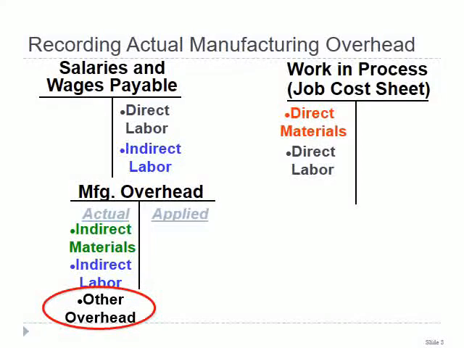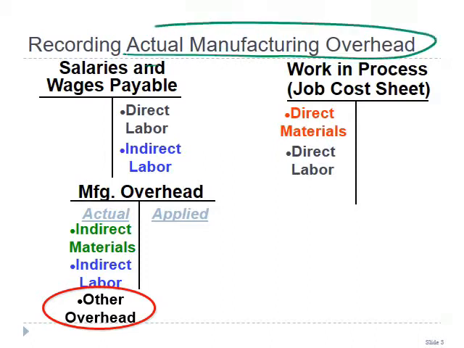So we have already recorded our cost flow or entry flow of our direct material and direct labor. Now we will record the actual manufacturing overhead. The actual manufacturing overhead is basically the debit side of the manufacturing overhead account.